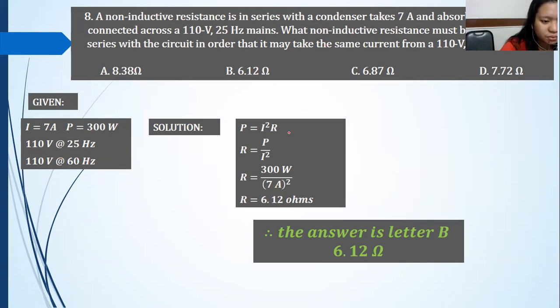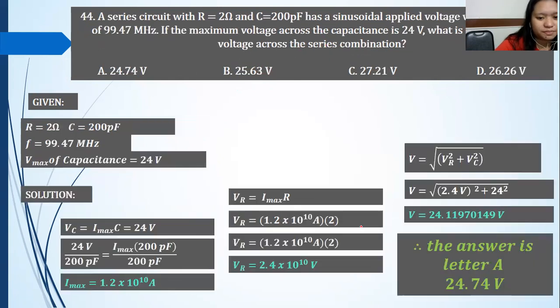For the solution, we use the formula P is equal to I squared times R. Since we are looking for R, the non-inductive resistance, R is equal to power over I squared. Then 300 over 7 amperes squared gives 6.12 ohms. So the answer is letter B, 6.12 ohms.